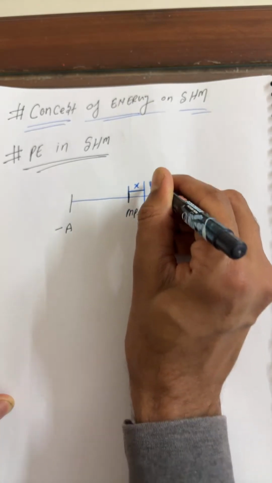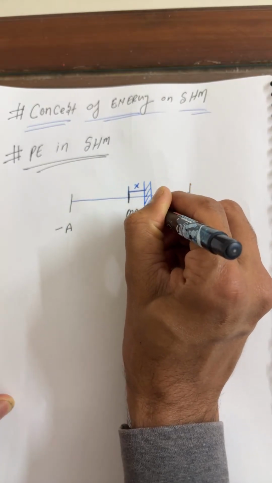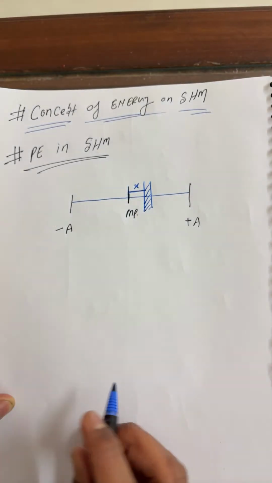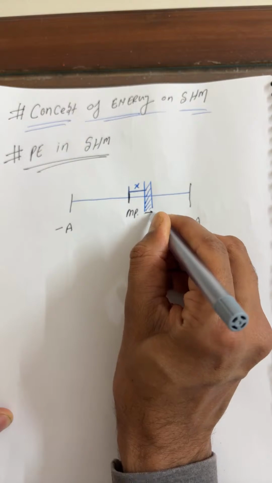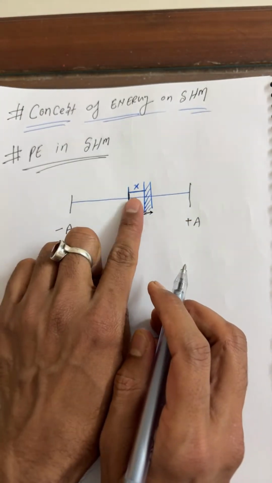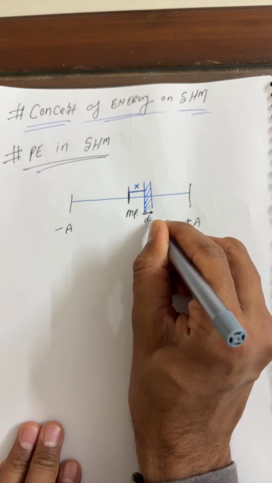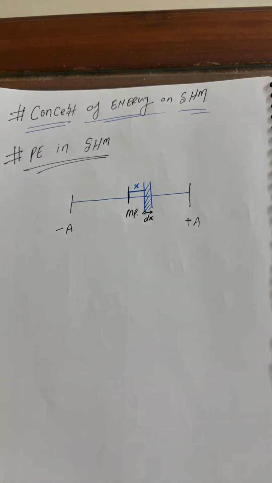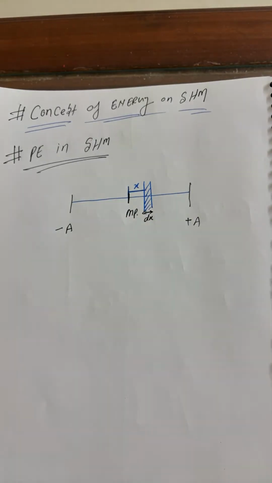Let us say you have to move x, and you are discussing a small distance dx. We are interested in finding the potential energy, my dear. You can say the mean position is the initial position of the particle.